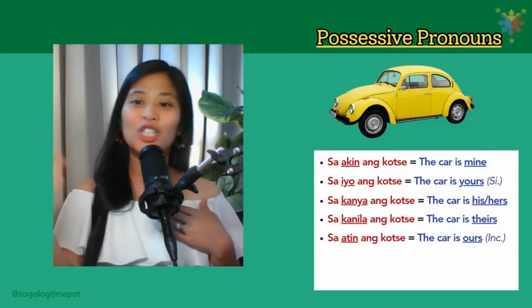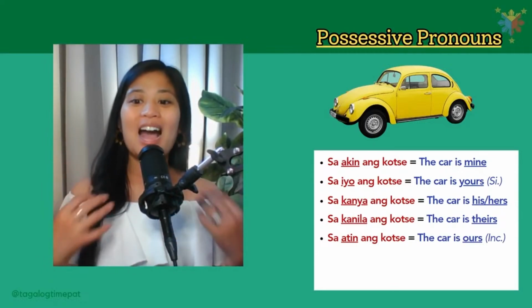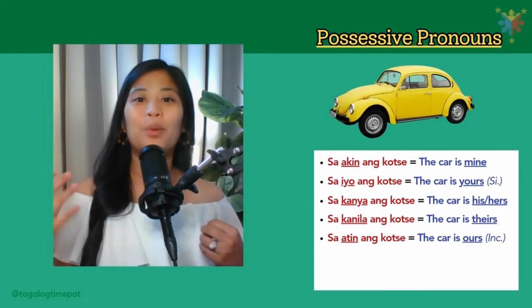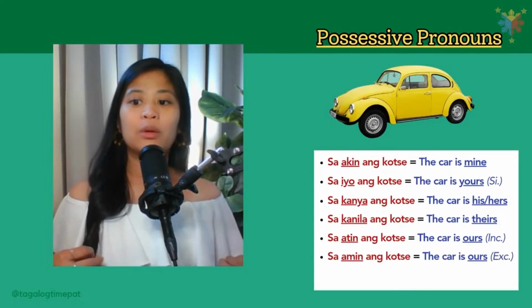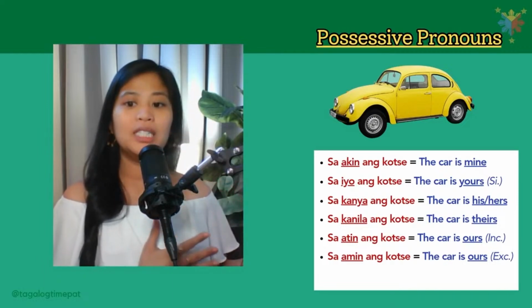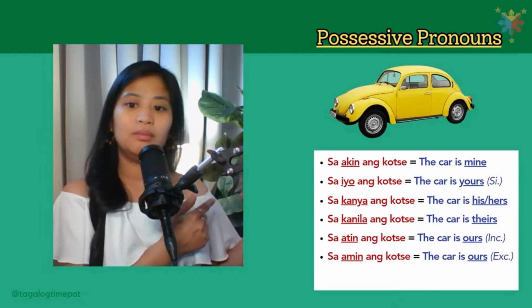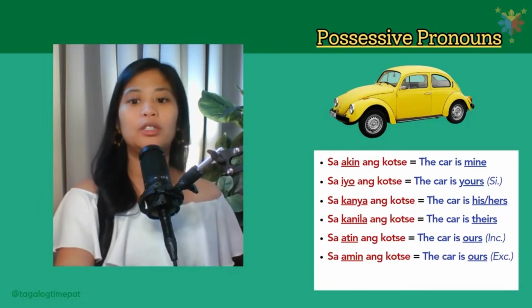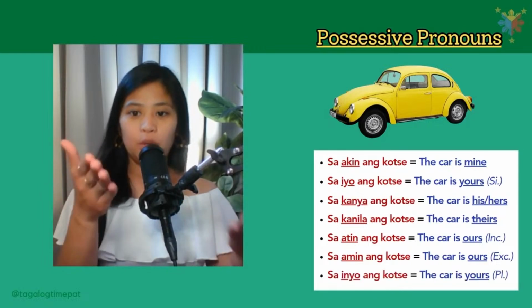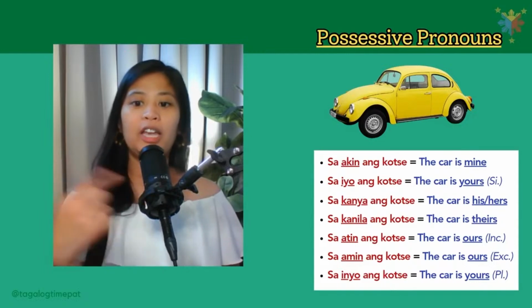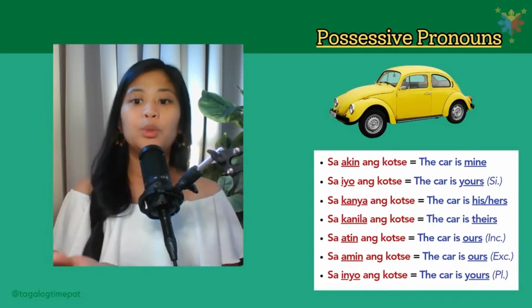Maybe we are all sharing a car. Sa amin ang kotse, the car is ours, exclusive. So me and my husband Chris, the car is ours. Mine and his. Sa inyo ang kotse, the car is yours. So maybe you all as a class, you are sharing a car. The car is yours, you plural.